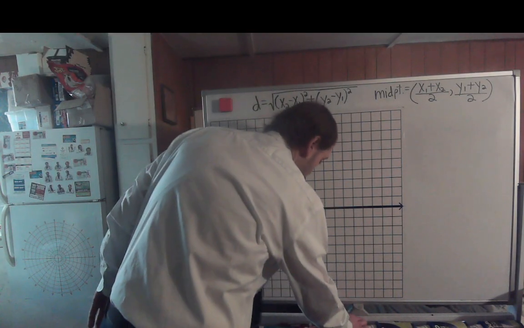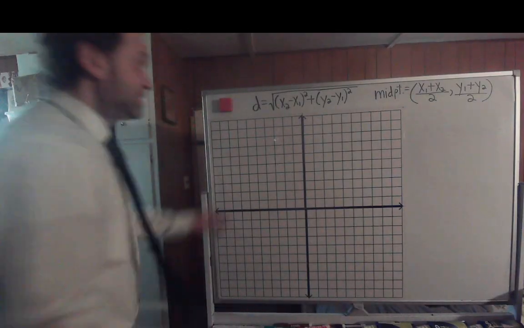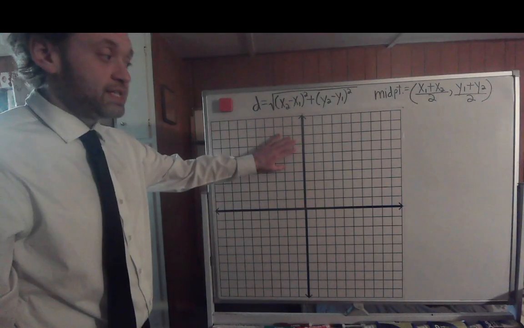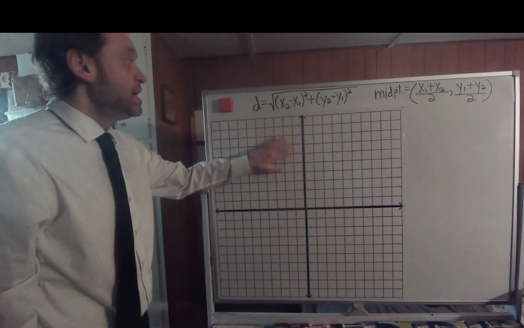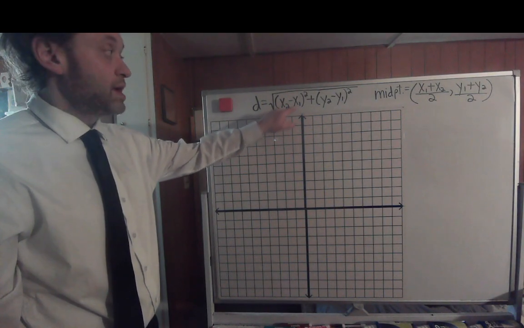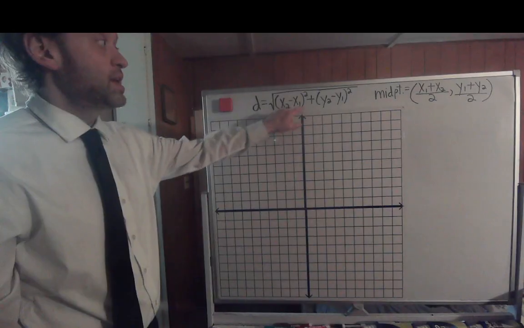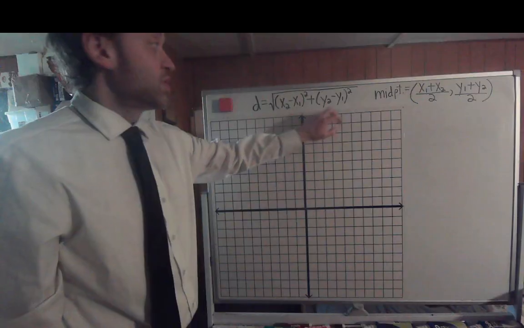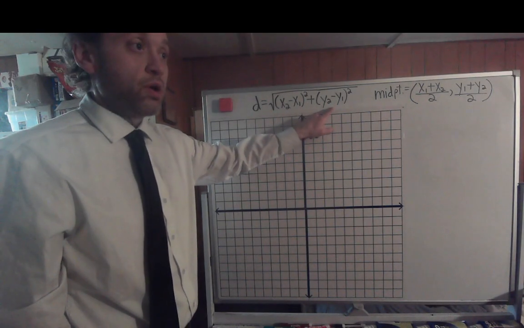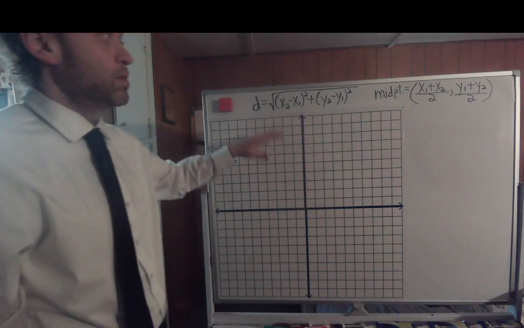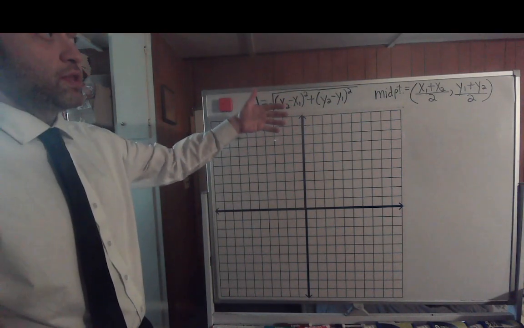A lot of you by now have probably seen this formula. If you want to find the distance between 2 points in the coordinate plane, it's the square root of the quantity of the second x-coordinate minus the first x-coordinate, that quantity to the second power, plus the quantity of the second y-coordinate minus the first y-coordinate, that quantity to the second power, and the square root of all that.